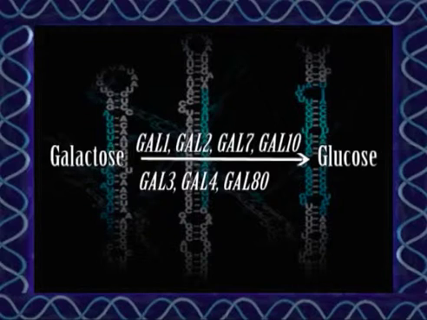The key regulator of GAL gene expression is the GAL4 protein, a sequence-specific DNA binding protein. GAL4 is perhaps the best studied transcriptional regulatory protein in eukaryotes.